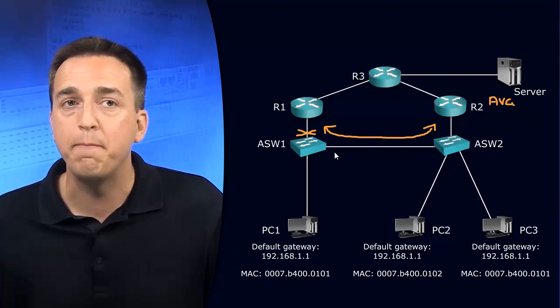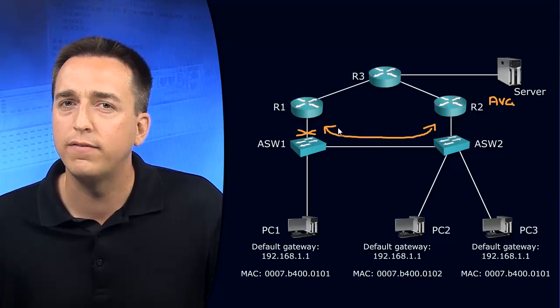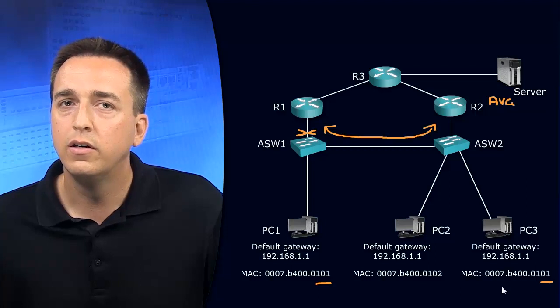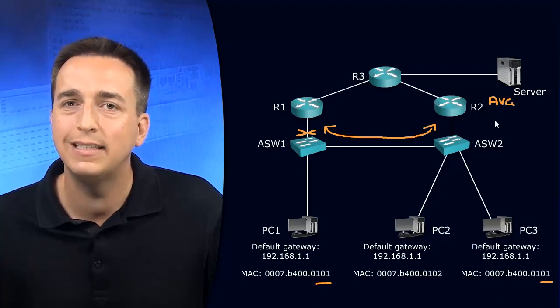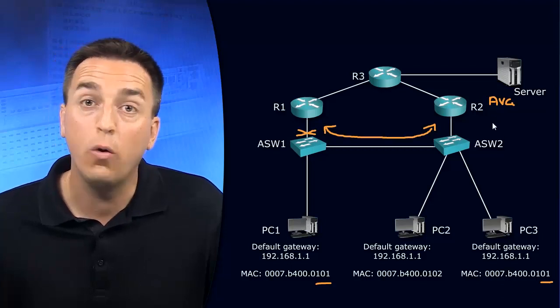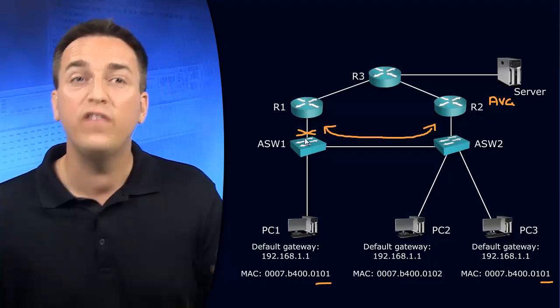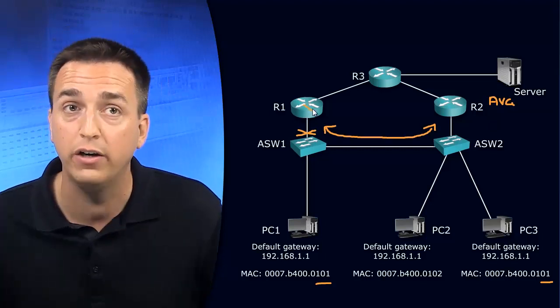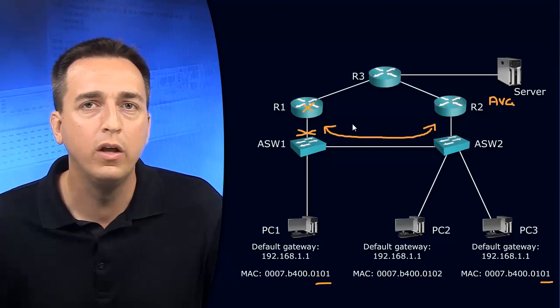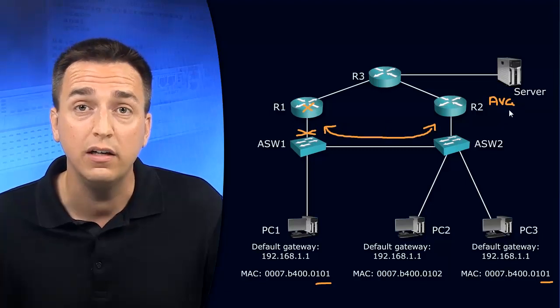In addition to that, R1 was the AVF for this MAC address right here. R2 has to take over that as well. So R2, because of this failure of the link, or it could have been a failure completely of R1, will take over as the AVG.